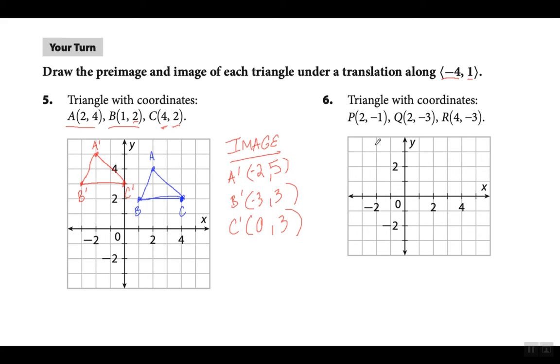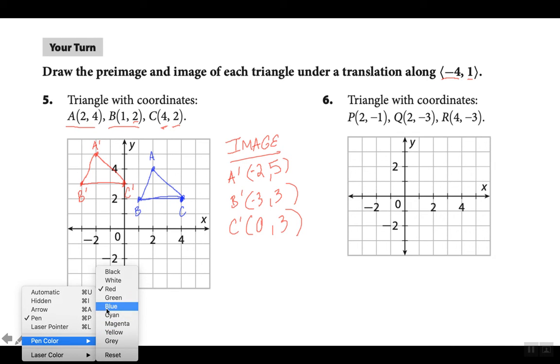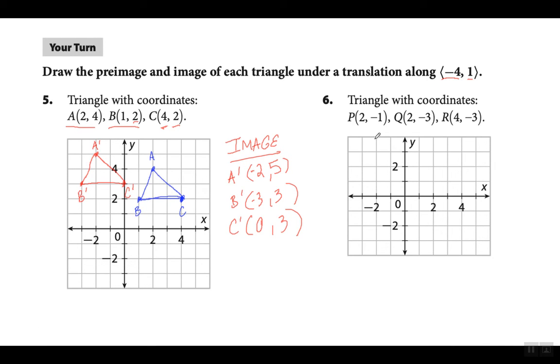Okay, let me do the same thing with number 6. Again, we're using these vectors. So, again, let me start off by graphing the pre-image in blue, just to keep everything consistent. Okay, so P is at positive 2, negative 1.